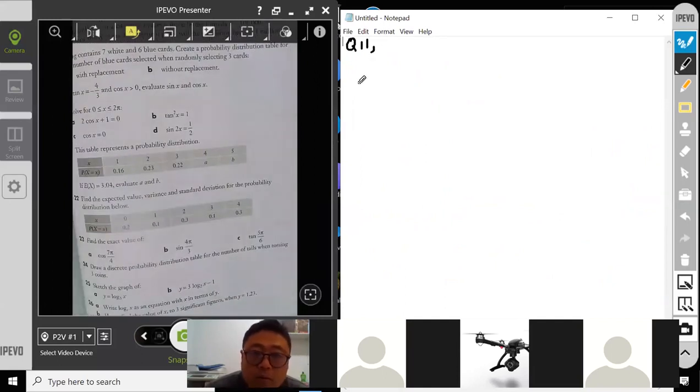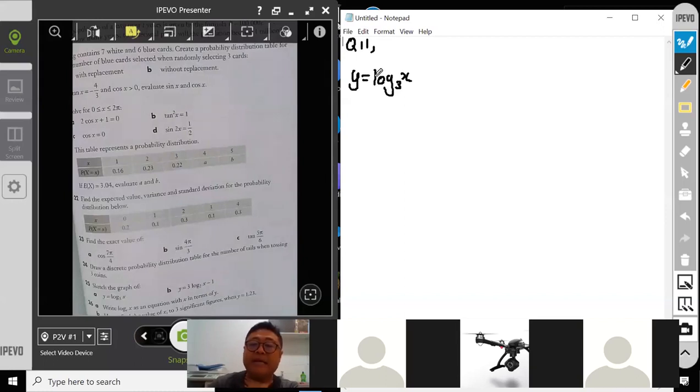So y equals log base 3 of x, right? This is in log form. What would that look like in index form?